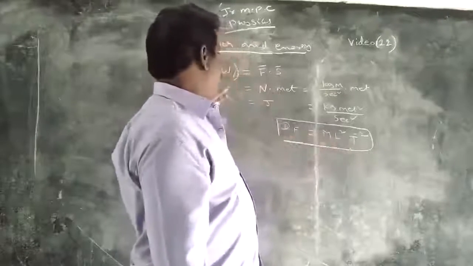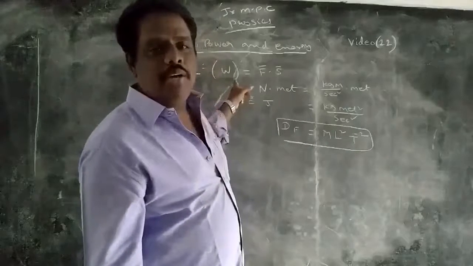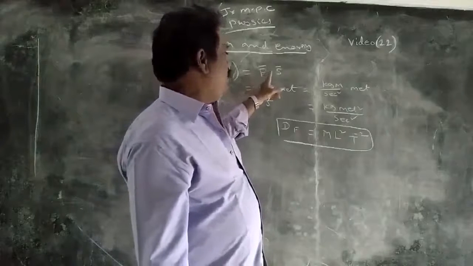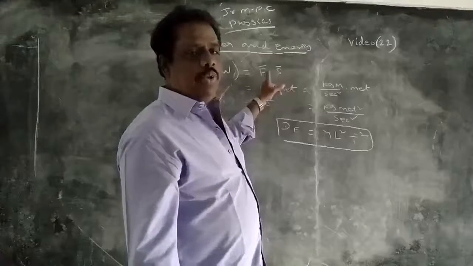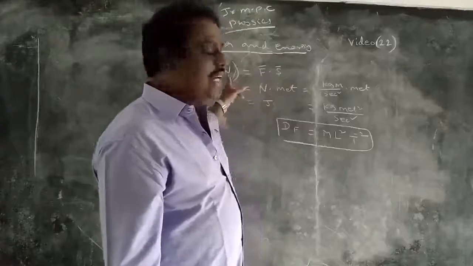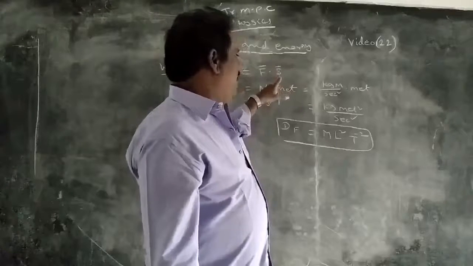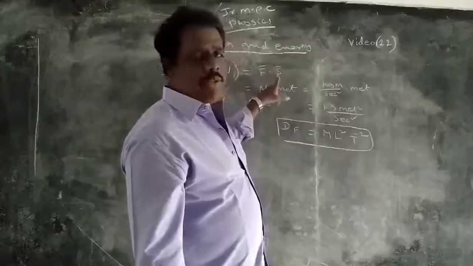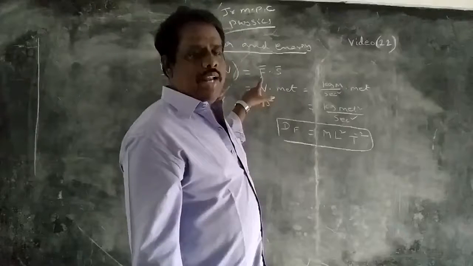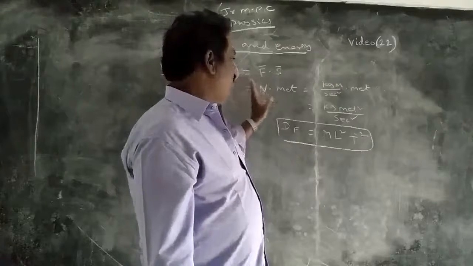Once again, work is a scalar quantity, that means it has only magnitude but no direction. It is the product of force and displacement. Both are vectors, and the product of two vectors is a scalar. So work is a scalar. The product of the magnitude of the displacement and the component of force along the direction of the force is nothing but work done.